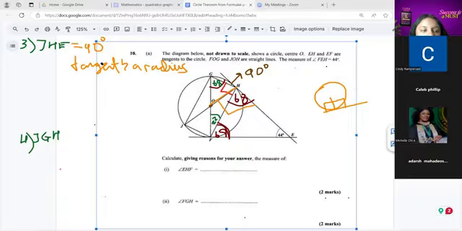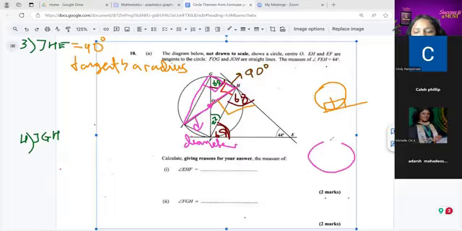Because of the rule with angles in a semicircle. So GH is passing through the center of the circle, which makes it a diameter. And anytime we have a triangle forming from the diameter, the angle that is touching the circle, this one right over here, is 90 degrees.